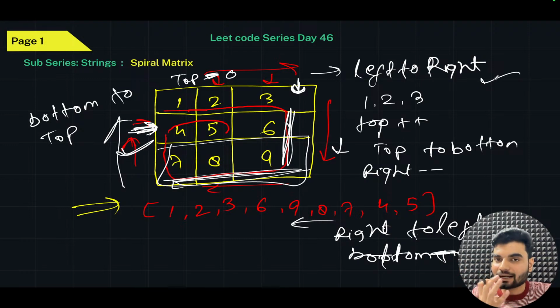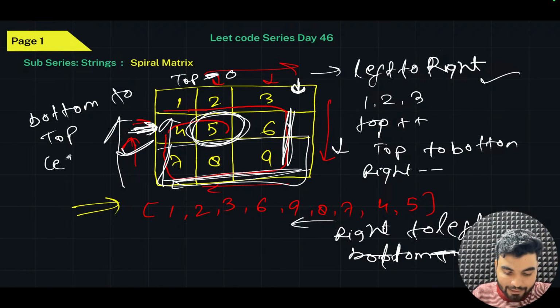So you have to add a condition as well. Now when you're going this way, what should you change? The left you should increase, because this direction will finish this left, and we will be left with this particular element. So in this case, left plus plus.